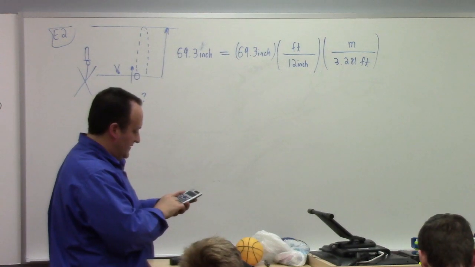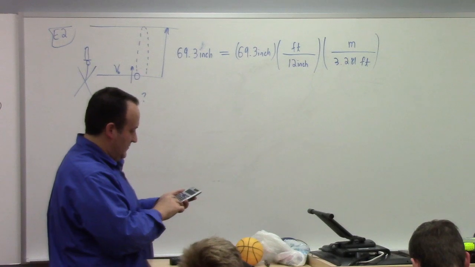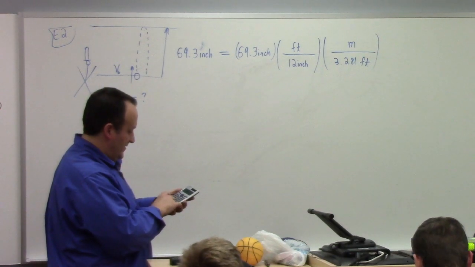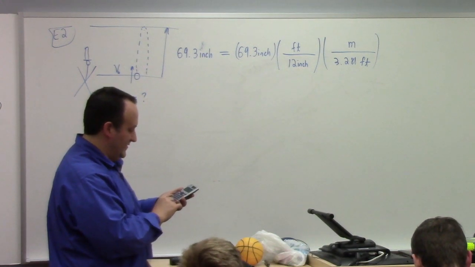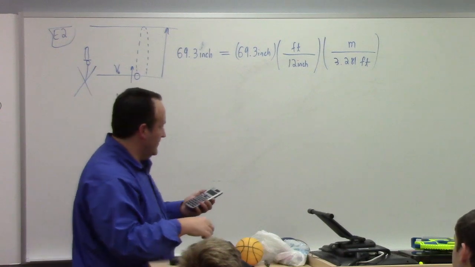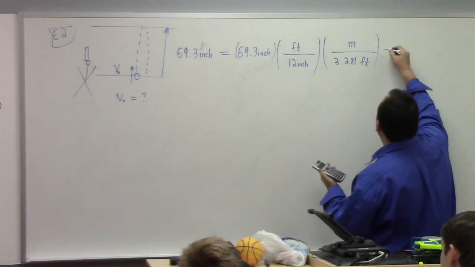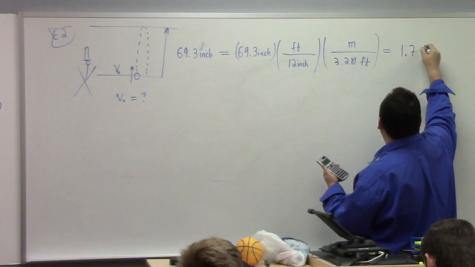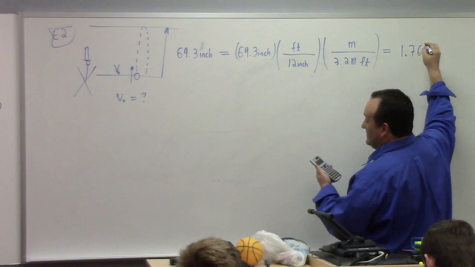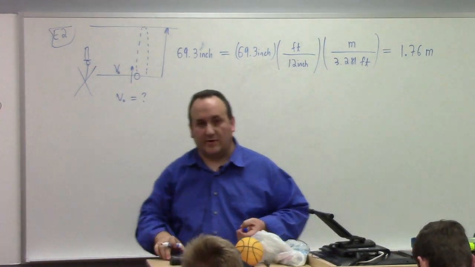But 69.3 divided by parentheses 12 times, I hope I get what you told me, 3.281. But you're usually right, so I think I'm going to. What do you know, 1.76? I should just listen to you and accept it. But then we're going to need you for the test, so that would be bad, because it's generally discouraged to ask other students for help on the test. So 1.76 meters, apparently.